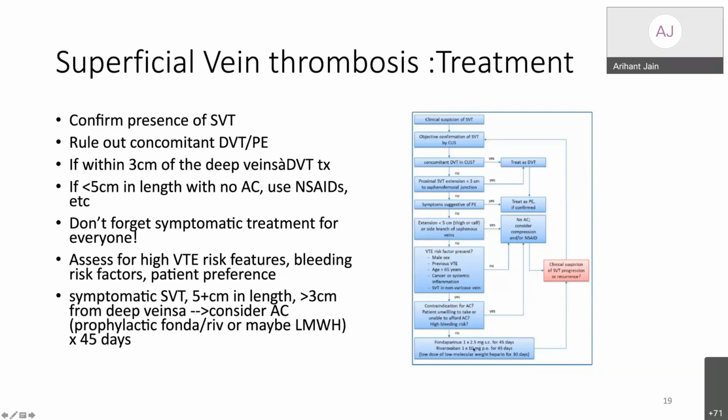You can use a lower dose, like 2.5 milligram subcutaneous fondaparinux, or 10 milligram of rivaroxaban can be used. So for deep vein thrombosis, the duration of treatment was 3 months minimum. For superficial vein thrombosis, either you don't treat it if there are no risk factors, or if there are risk factors, you treat it for 45 days and then you can stop it.